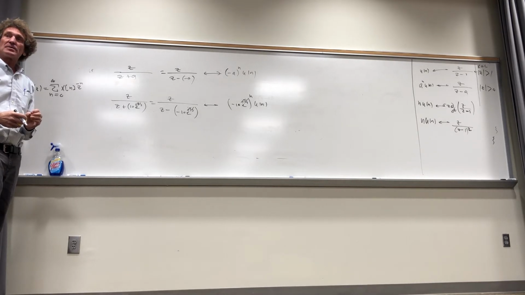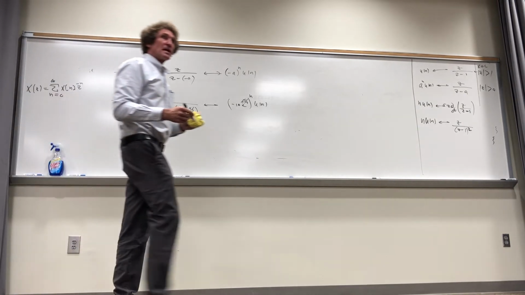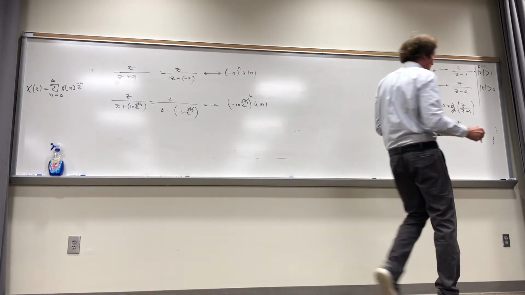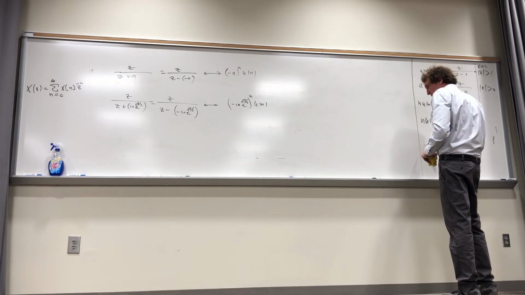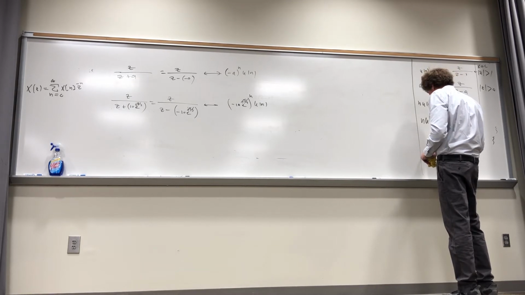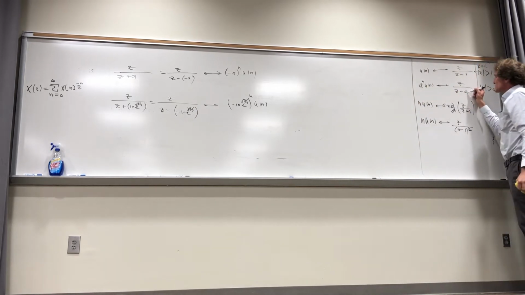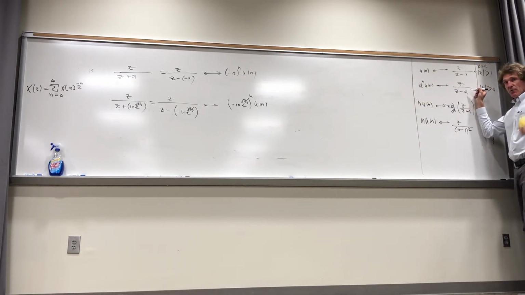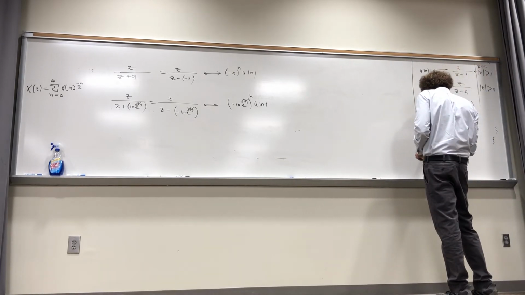Something else that happens, and this is a property that I talked about last time. Do you remember that if I had this form, a to the n u of n goes to z over z minus a, right? Better yet, let me just do it.